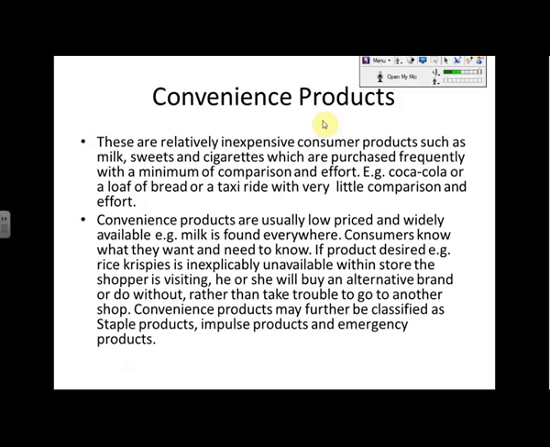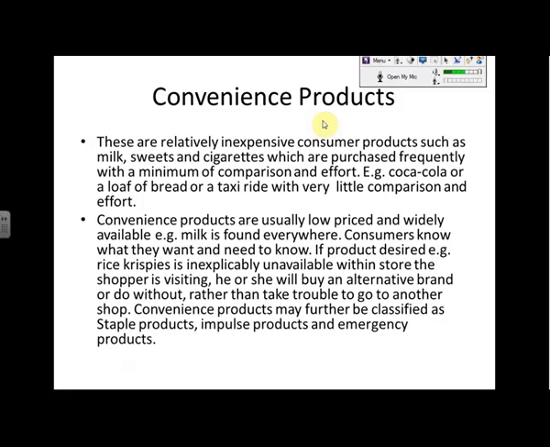Convenience products are usually low priced and widely available. You can buy milk from a service station. You can buy milk at a local tuck shop. You can buy milk in a supermarket. It's readily available. You can get convenience products anywhere. You don't even have to go miles to look for it.